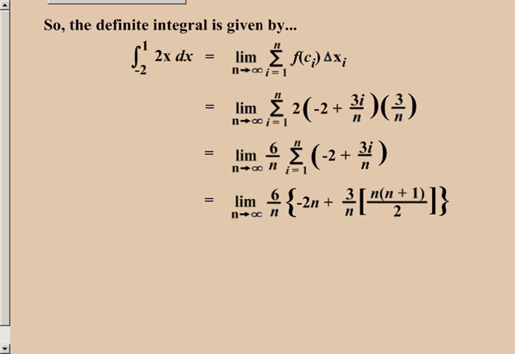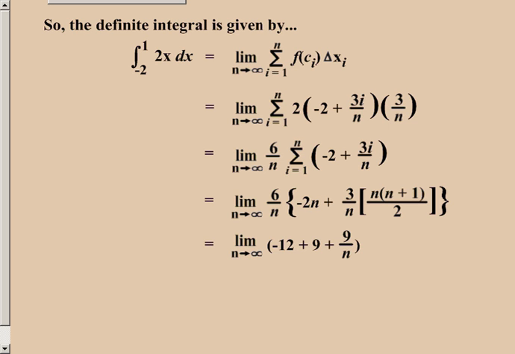The first summation, -2, is -2 times n. The second summation had another constant that could be factored out of it, couldn't be factored out of the first one, but there it is, 3 over n, and then that left i, and of course the summation as i goes from 1 to n of i is n times n plus 1 over 2.